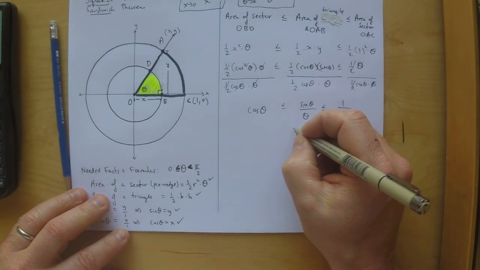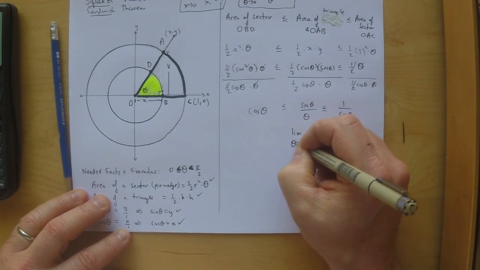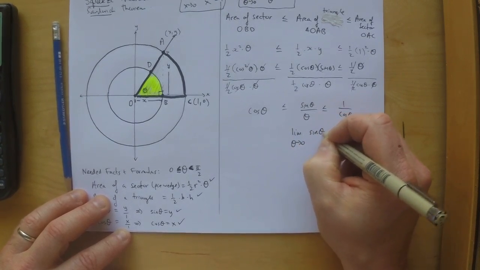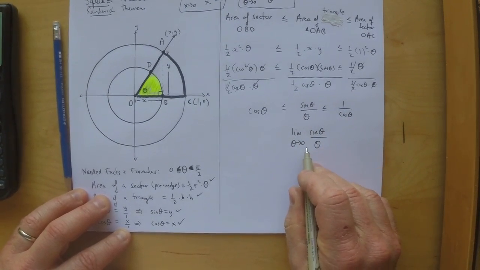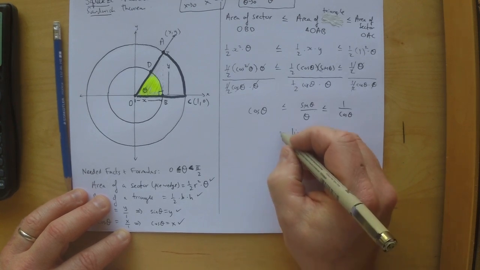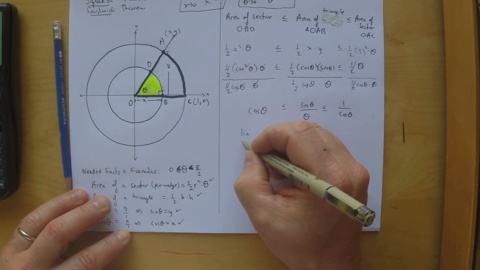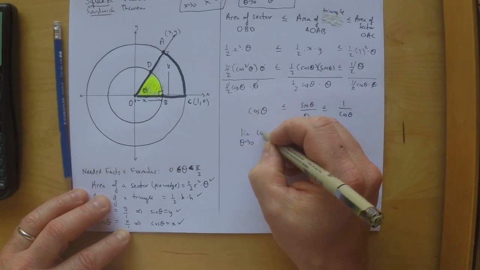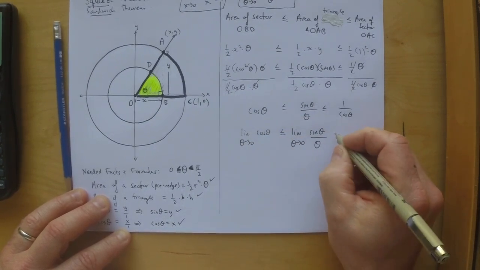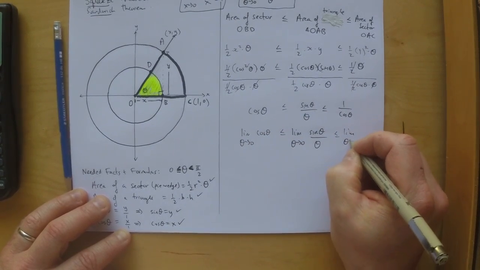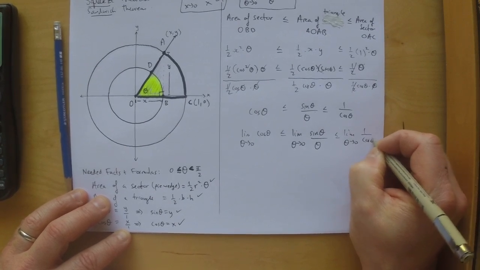Now, what happens when I make theta approach 0? This is what I don't know, but the limit of this must be between the limit of this as theta approaches 0 and the limit of this as theta approaches 0.